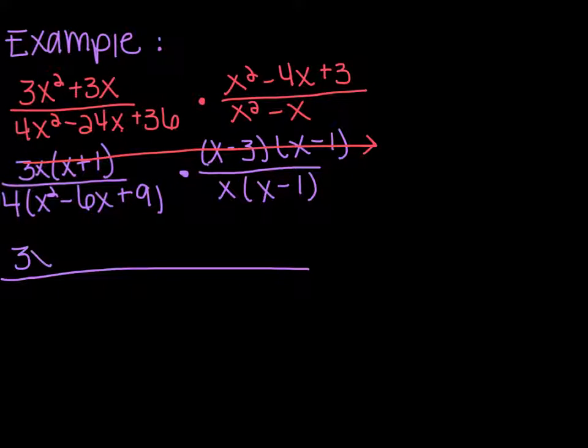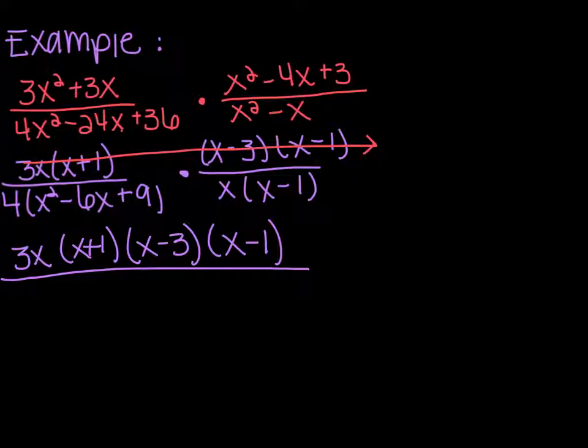I'm going to write 3x, x plus 1, x minus 3, x minus 1, and leave it. On the bottom there, I'm going to factor out that x squared. So that's going to be x minus 3 times x minus 3.